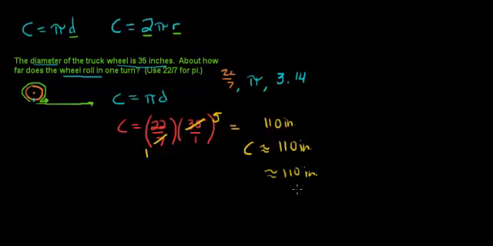Now remember, this is an approximation because 22/7, just like 3.14, these are both approximate values for pi. Remember, anytime we do calculations for pi, we're almost always using an approximation. We don't ever have that exact value because pi is an unending decimal. It just keeps going and going and going.